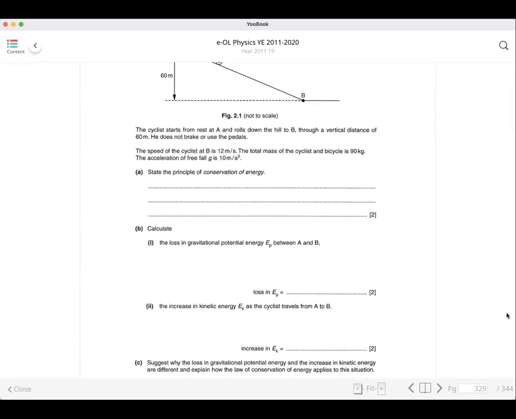Ryan, you try again for part 1. Okay, Yu Ting, your part 2 is correct now, but can you remove the loss in EP?